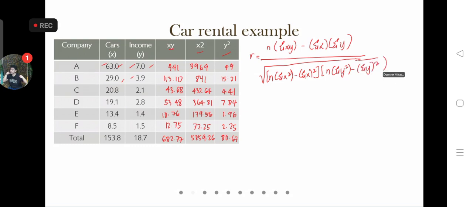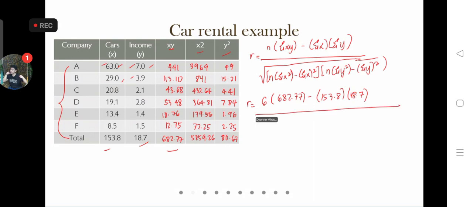So we will plug in the values. Our N is 6, because we have 6 data points. So 6 times the summation of XY, 682.77, minus the summation of X, which is 153.8, times the summation of Y, 18.7.